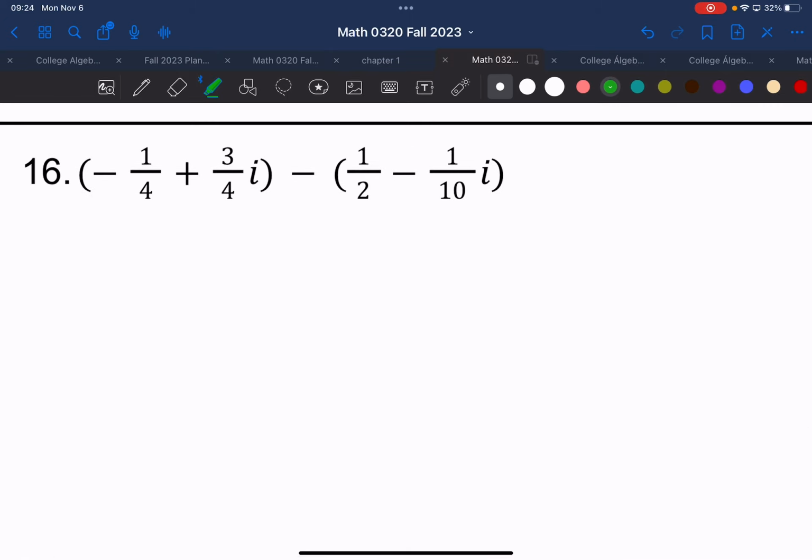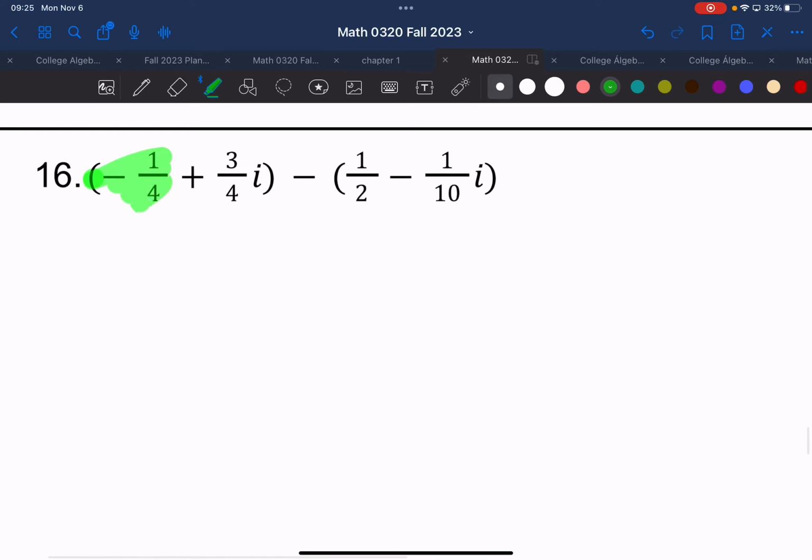On number 16, which part is real? -1/4 and 1/2. So we're going to subtract -1/4 minus 1/2. And I'm going to write this down here because we are dealing with fractions.